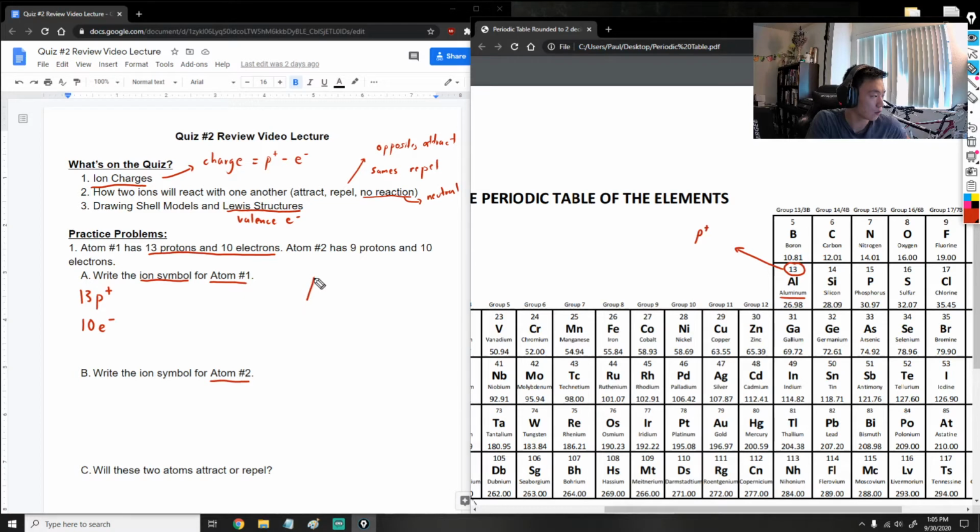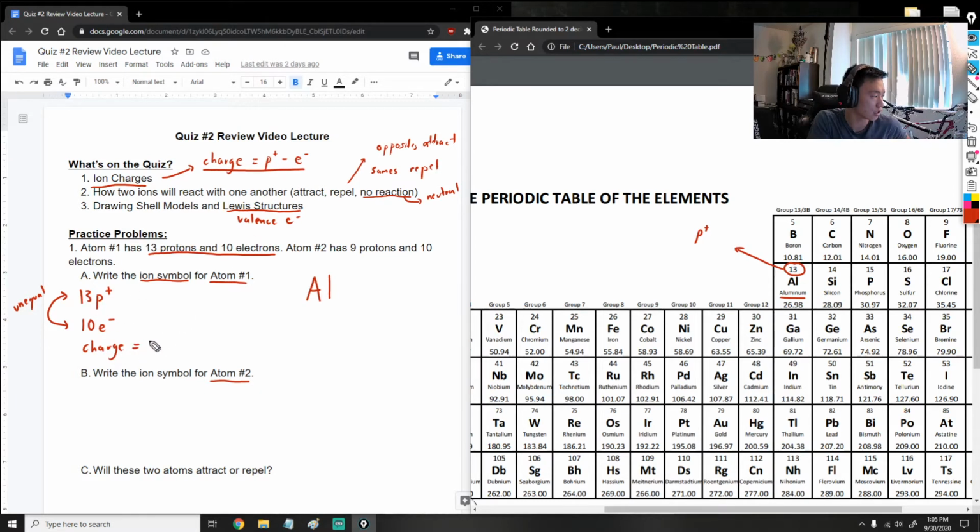Okay, but we also need to know the charge, because if you notice, the protons and the electrons are not equal, right? They're unequal. If they're unequal, it's not going to be neutral. It's not going to have no charge. There's going to be a charge. So what we're going to do is we're going to use this formula up here. So we're going to write charge is equal to the protons.